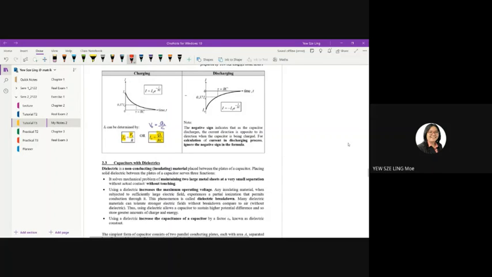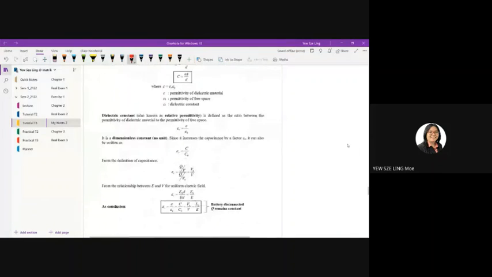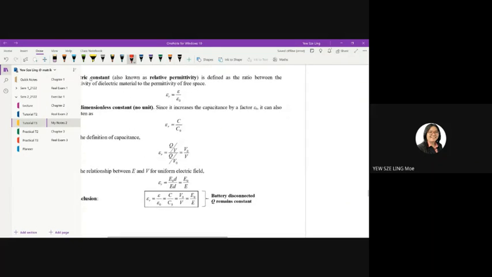Next, capacitor with dielectric. I already explained dielectric to you, so the things I want to go through again are just the four equations right here. The dielectric constant, also known as relative permittivity, is defined as a ratio.